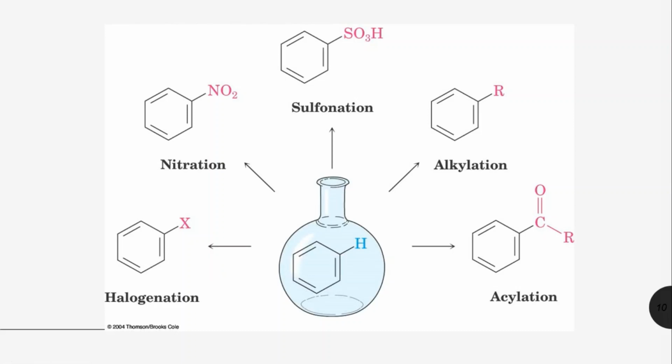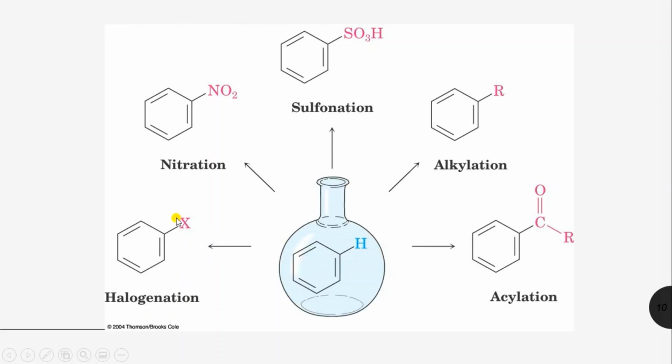For instance, if benzene undergoes the sulfonation reaction, it results in benzene sulfonic acid, where the sulfonic group replaces the hydrogen of the benzene ring. Similarly, the nitration reaction of benzene results in nitrobenzene, where the nitro group replaces the hydrogen of the benzene ring.